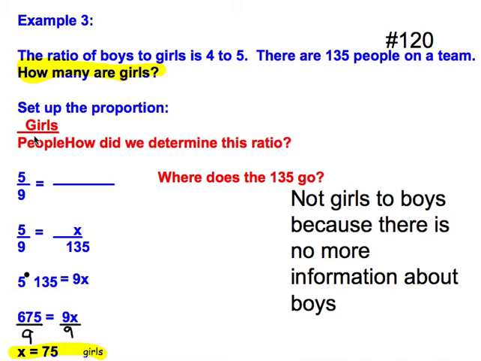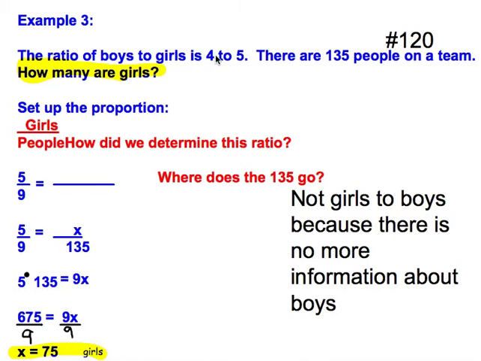And then we're going to use people because that's the larger piece of information that we have. We can also use this to our advantage to find people too. Because if there are 4 boys for every 5 girls, that's out of a total of 9 people.